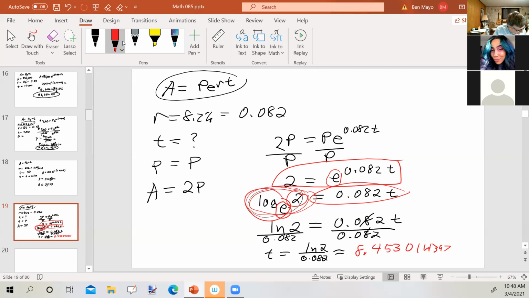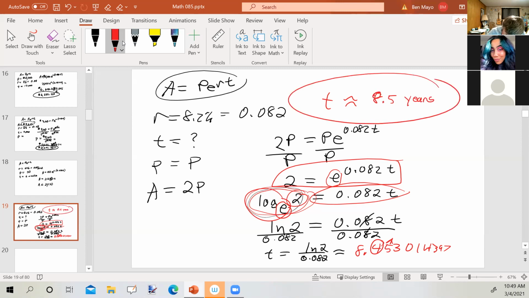They rounded it to the nearest tenth, so the 5 would round up. So t is approximately 8.5 years. You all right with that?